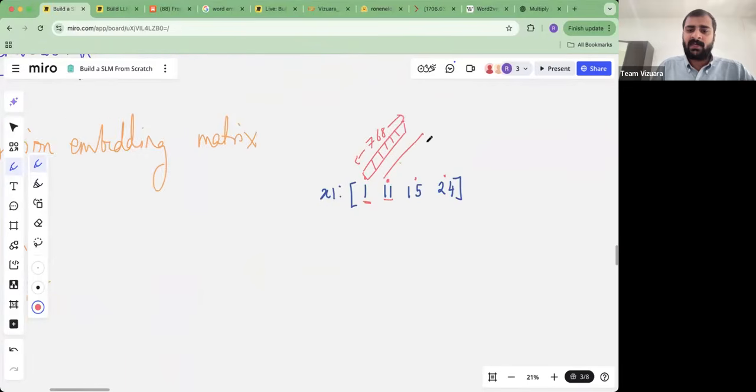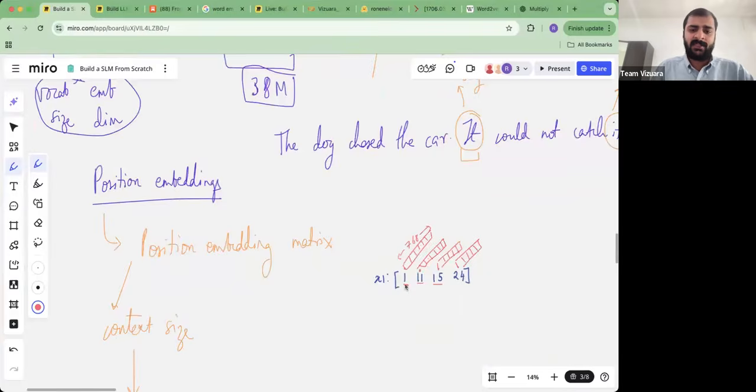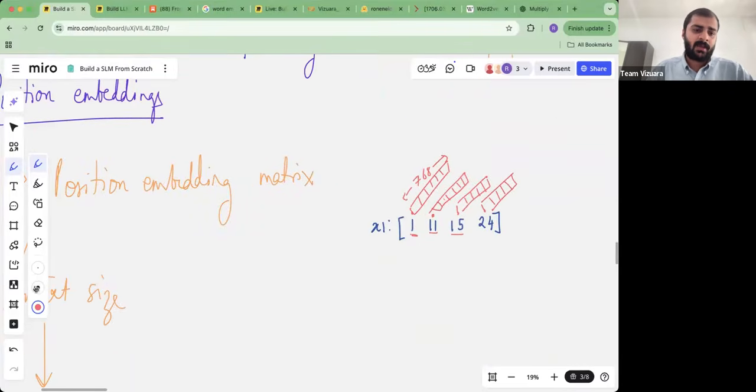Then I look at row number 15 and get the 768 dimensional vector, and then row number 24 and get the 768 dimensional vector. That's why we need to maintain a token embedding matrix. It just becomes very easy to look up a particular row and get the vector.